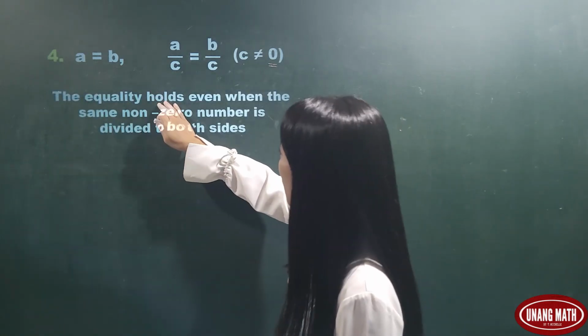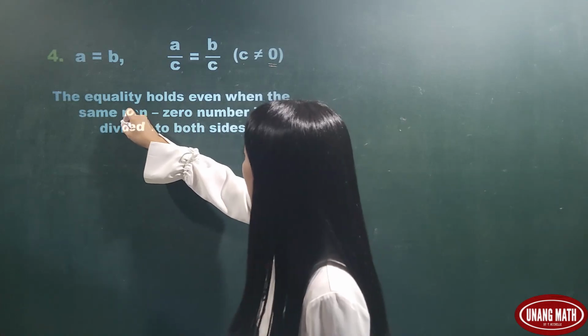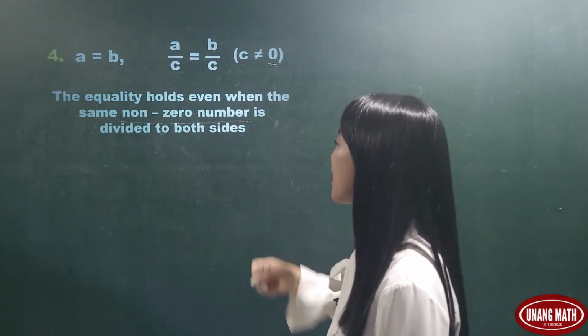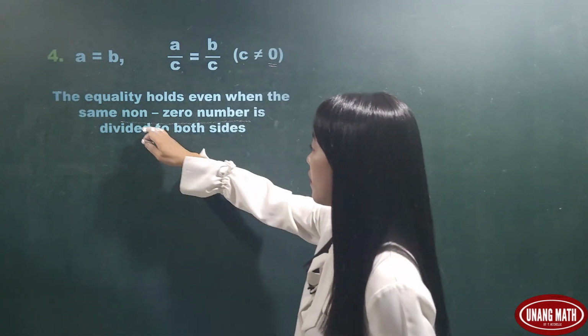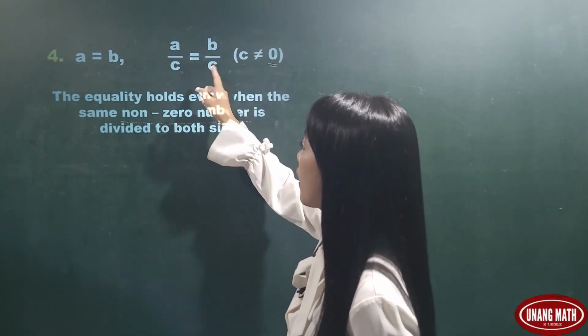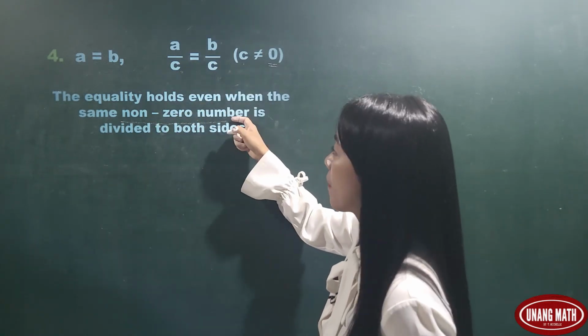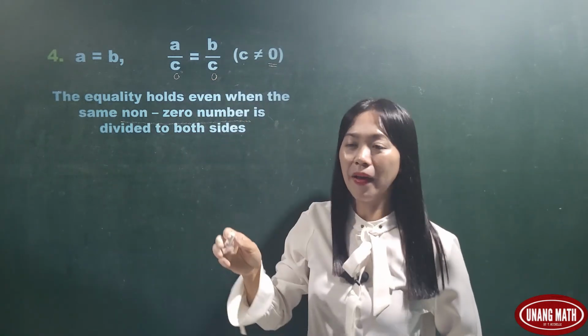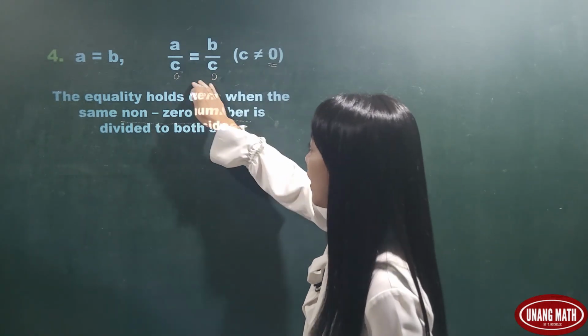The equality holds even when the same non-zero number is divided to both sides of the equation. Okay, I'll repeat. The denominator or the divisor must be a non-zero number. If this is 0, this is incorrect. We cannot divide by 0.